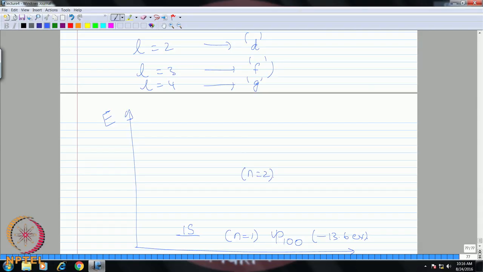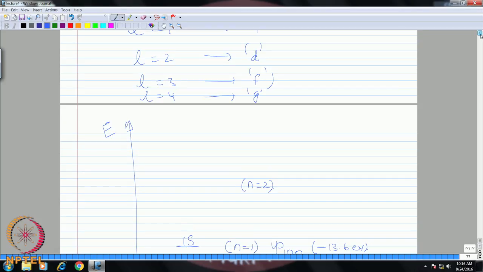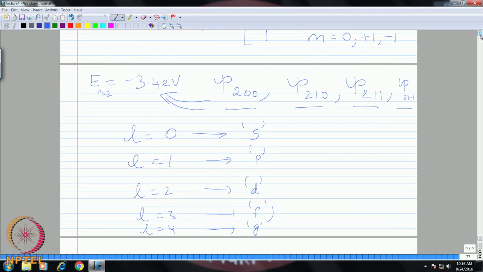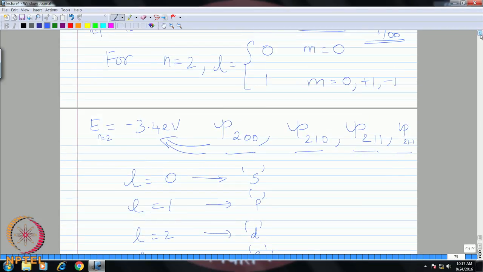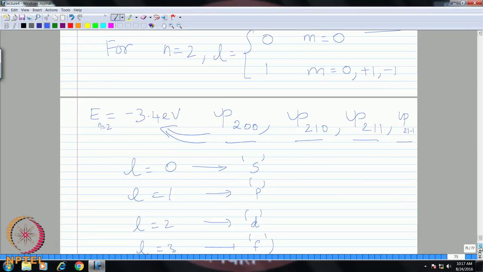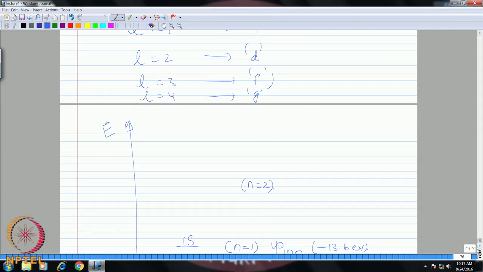Okay. So, if you go to n equal to 2, we have 4 states, but how many L quantum numbers? 0 and 1. So, basically we have 2 orbitals here: one is the s orbital, the other is the p orbital.